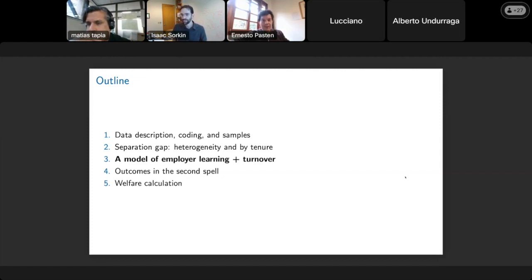Then their productive ability is less portable than the white workers'. Depending on your model of wage setting, you might get that black workers make the same amount as white workers, but it reflects worse outside options for black workers. That's more problematic for what I'm going to show you.